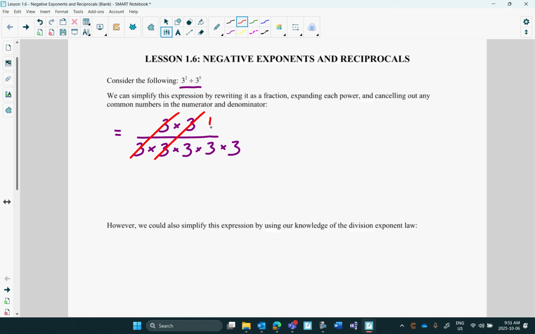So 3 divided 3 is 1. 3 divided 3 is 1. So the answer would be 1 divided by whatever 3 times 3 times 3 is. Or 1 divided by 3 to the 3rd.